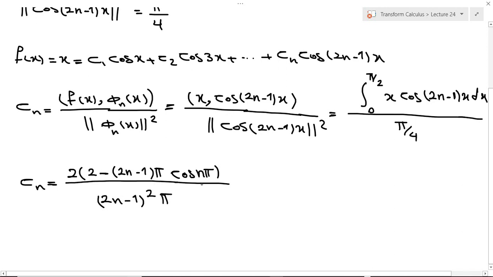So if you find the integration by parts in the numerator and divide by pi over 4, you will end up with this cn.